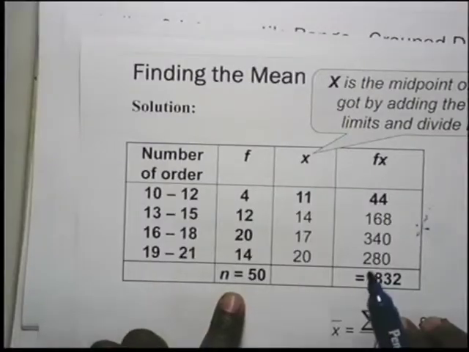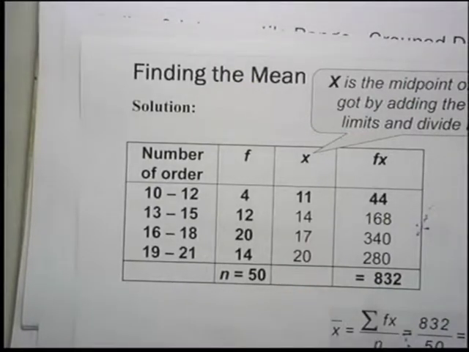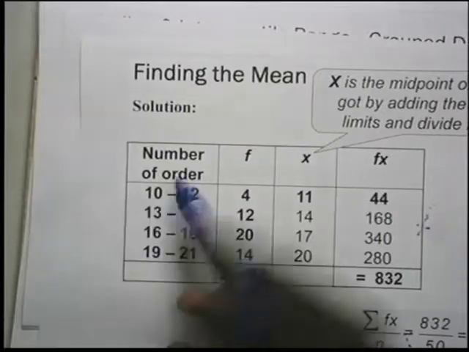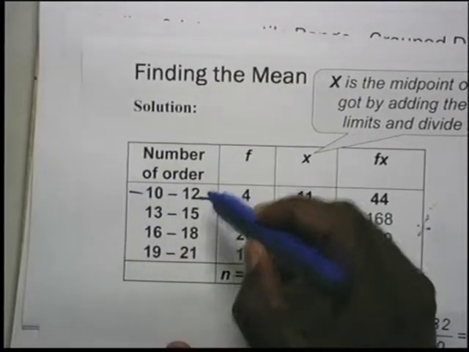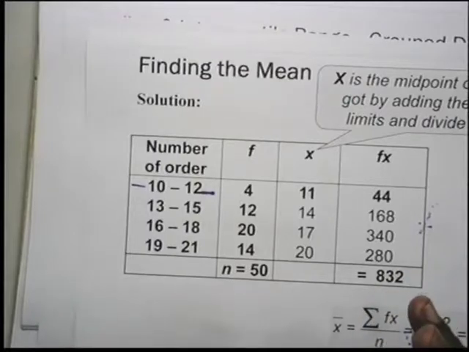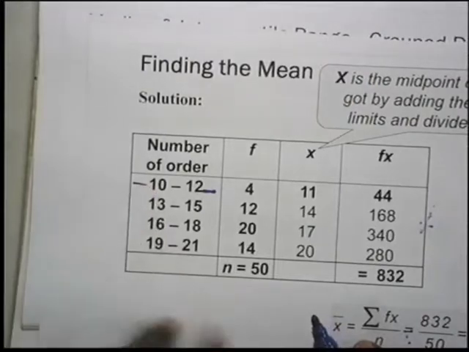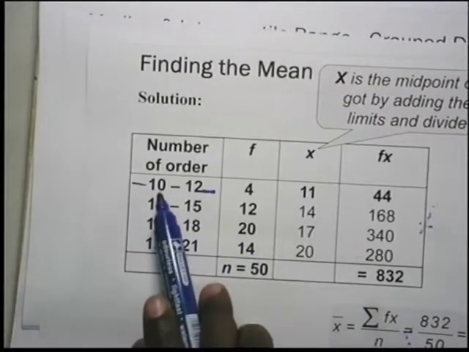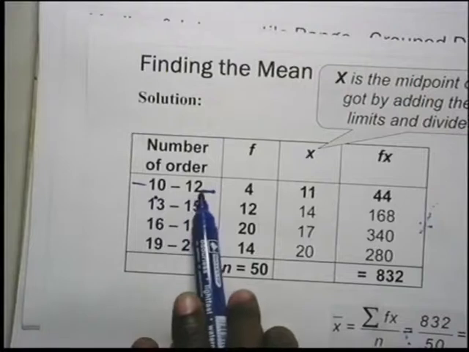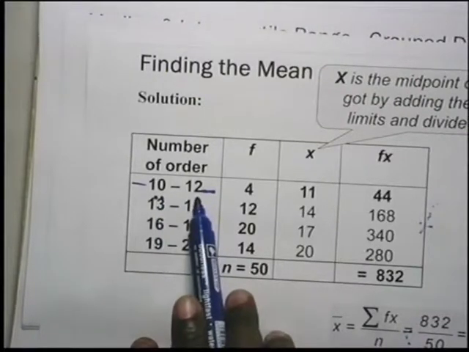The first thing we need to do is find a number that we'll use. If you look at our classes, from 10 to 12, we need to find the mid part of that group or category. We find it by adding the lower boundary limit and the upper boundary limit, then dividing by 2.